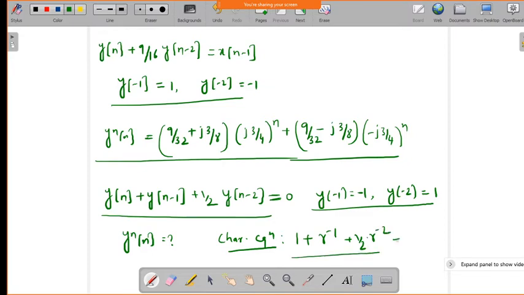This is the characteristic equation, which is equal to 0, and you try to solve for the roots. What are the roots? r1 equal to and r2 equal to.